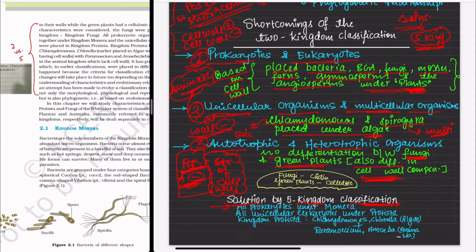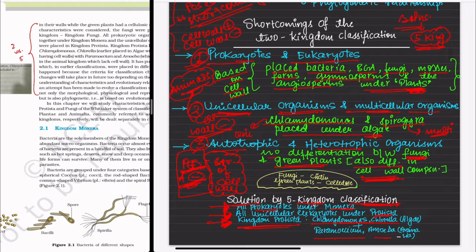He created a different kingdom for all prokaryotes. Nice move. All prokaryotes under Monera, all unicellular eukaryotes under Protista. Now the kingdom Protista contained Chlamydomonas and Chlorella, unicellular algae, which were unicellular plants in Linnaeus's classification, and Paramecium and Amoeba, unicellular animals in Linnaeus's classification.